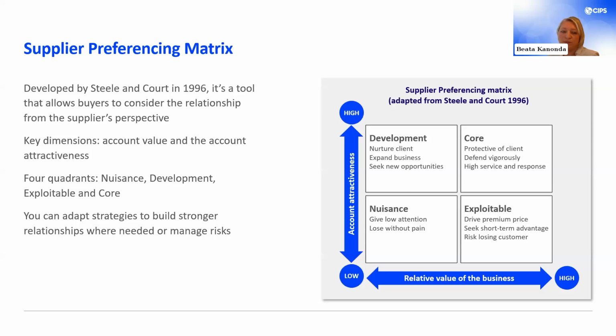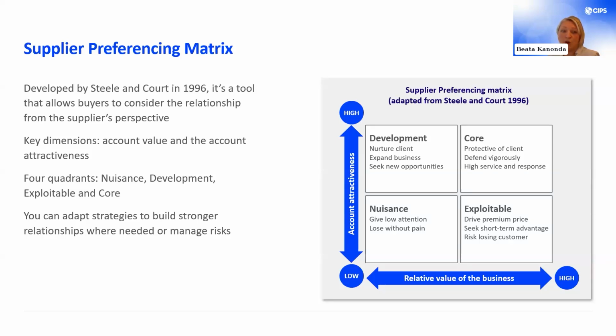While it may be tempting to leverage this position for short-term gain, it's important to avoid exploiting the supplier as it could damage the relationship. Instead, look for ways to improve strategic alignment with the supplier. An example here is a large buyer with high volume orders and low margin prices, but minimal opportunities for future growth or collaboration beyond transactional deals.